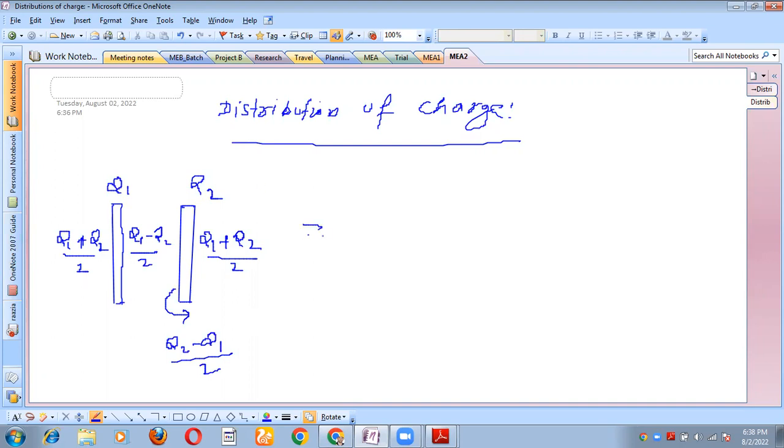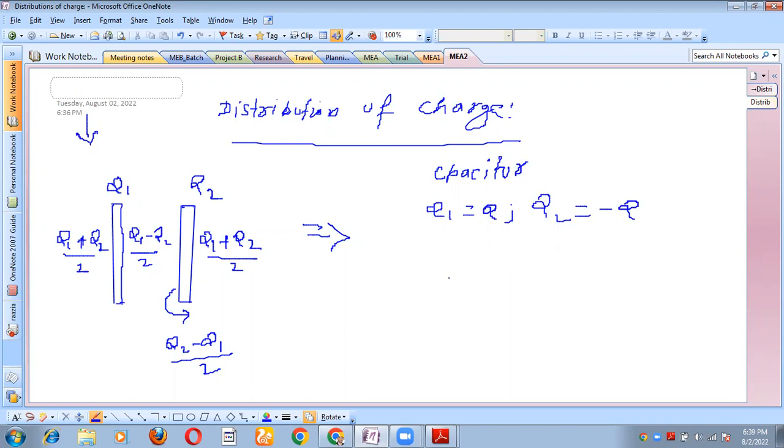So we know what happens in a capacitor. In capacitors, suppose Q1 is equal to Q, then what does Q2 become? Q2 is minus Q. This is the general case. But we know in a capacitor, charge on the plates is equal and opposite.